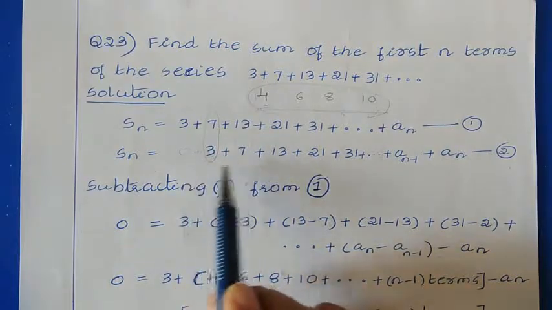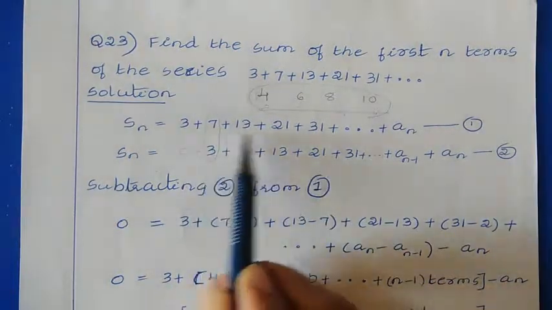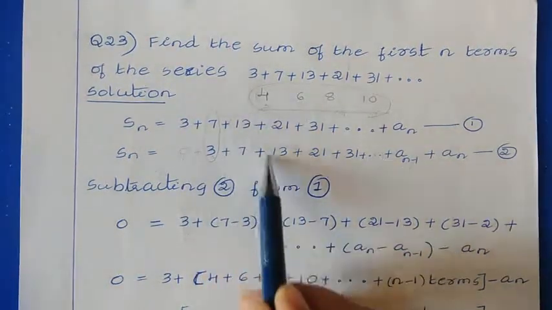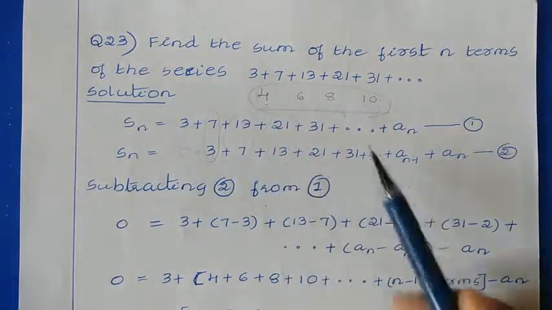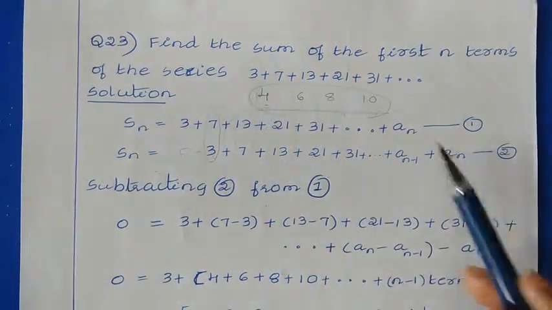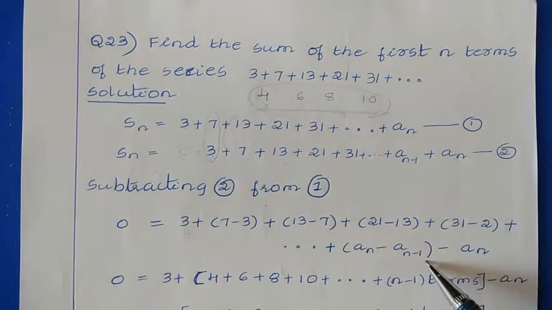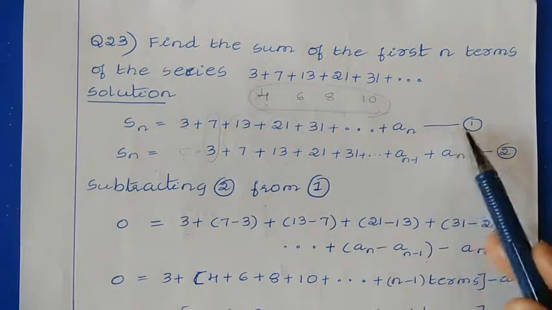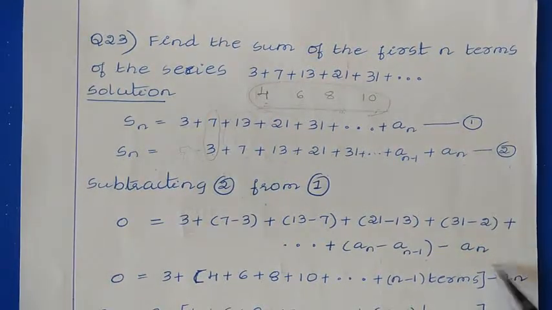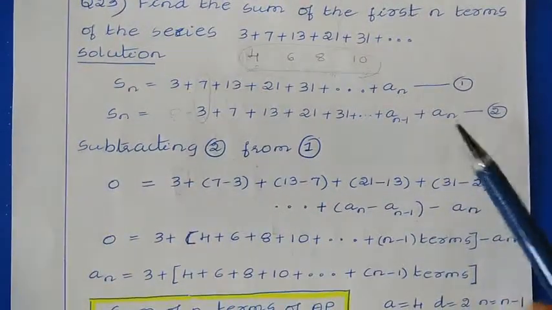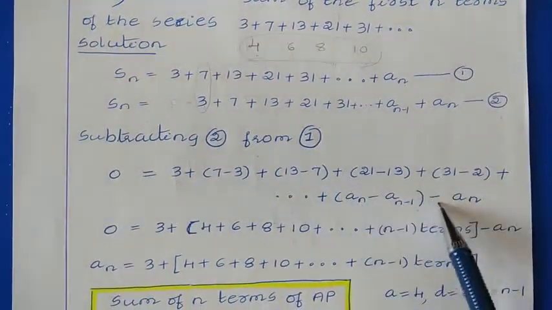Adding 0 does not make any difference. So, 13 minus 7, then 21 minus 13, then 31 minus 21, then an minus 1, and here we don't have the term, that means minus an. So after subtracting equation 2 from equation 1, we get the values this way.